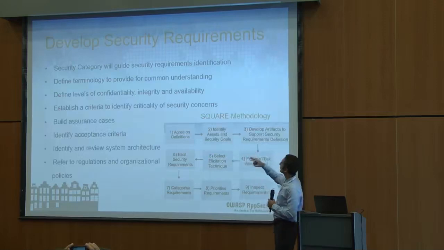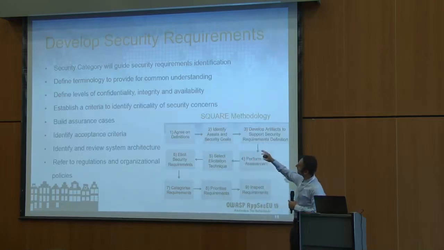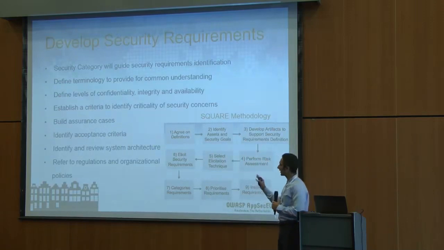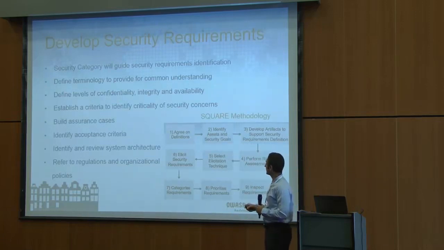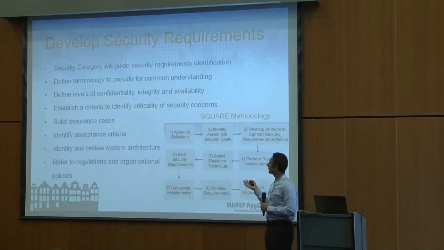And therefore you will go through a bunch of known methods of gathering requirements, right? So it's just an information gathering, requirements gathering process. One of the ways that we found a lot of customers or a lot of groups will use is the SQUARE method.